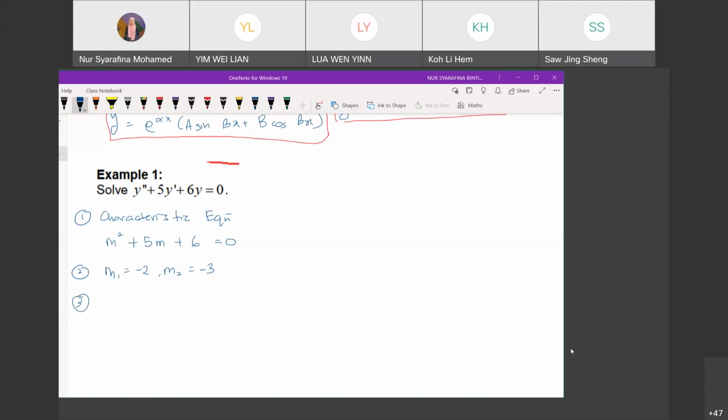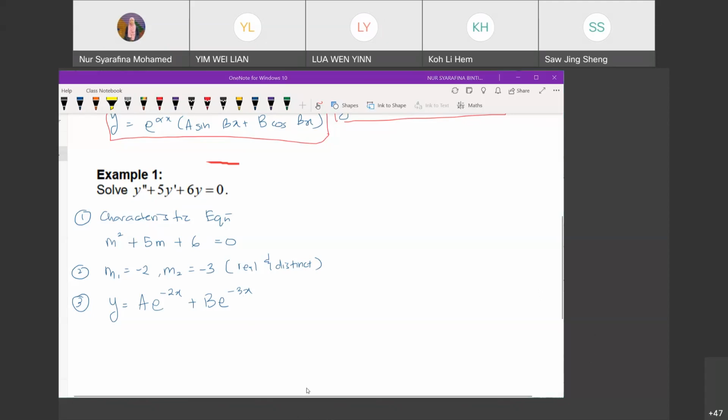Then, if the solution of the characteristic equation is real and distinct, the solution of this linear homogeneous second order differential equation is given by y equals A e to the power of m1x plus B e to the power of m2x. Is that clear? So this is how you solve it.